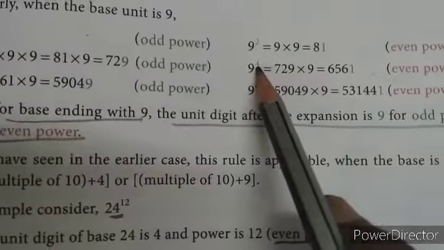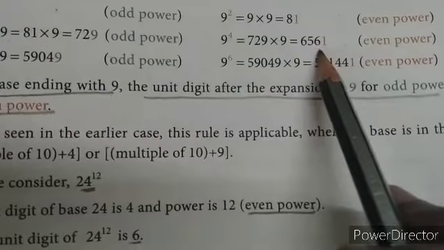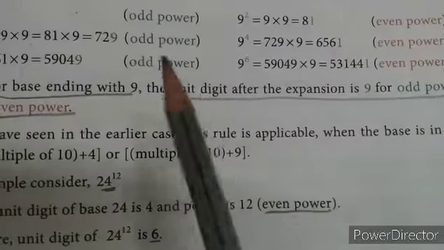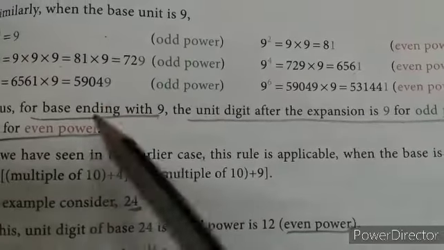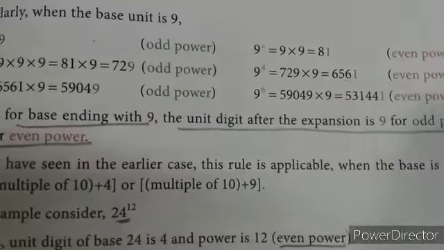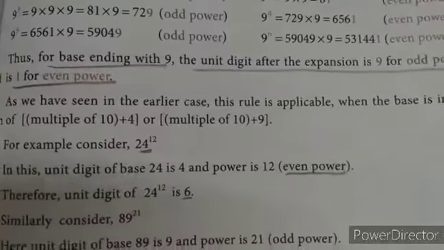If it is an even power, it will end with 1. So, for base ending with 9, the unit digit after the expansion is 9 for odd power and 1 for even power.